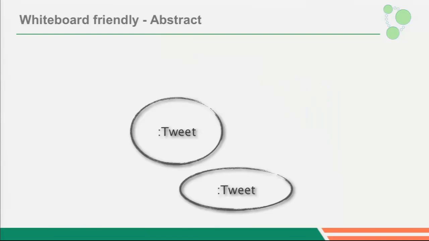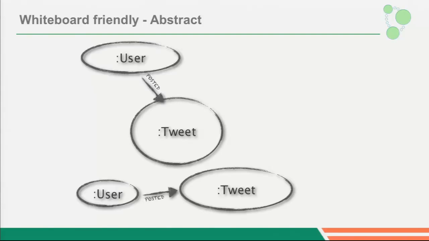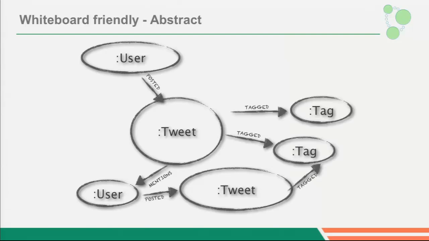Emil already mentioned the whiteboard friendliness of Neo4j. So we can actually model our domain in two ways. One way is to do it abstractly. We have tweets. Tweets were posted or sent by users. We have tweets mentioning other people down here, and tweets are tagged by tags. That's about it.